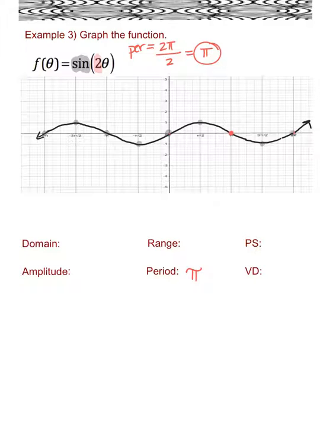So what I'm going to do is I'm going to look at these 2 notches right here, which are pi over 4 and 3 pi over 4. And what that is going to allow me to do is give me equal distance. So that I start at 0, I'm going up to 1, back to 0, down to negative 1, and back to 0.